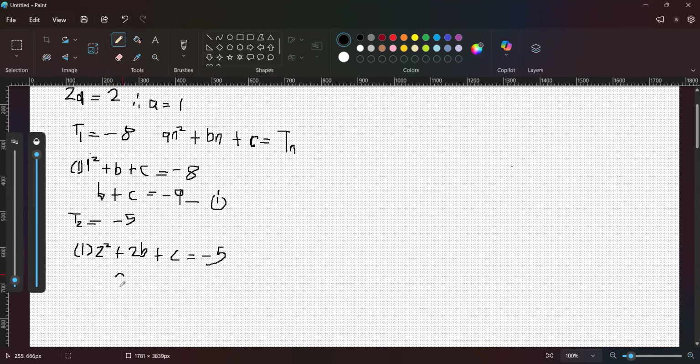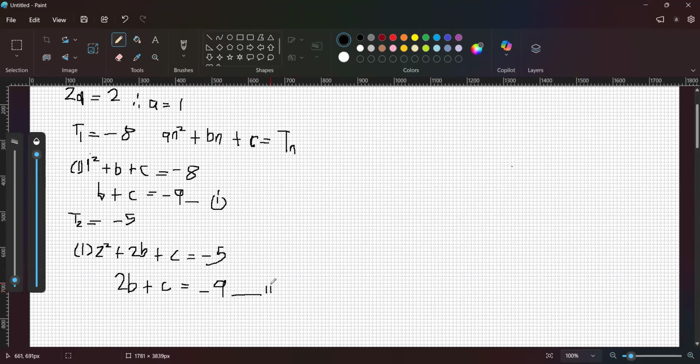So that means our next line is going to be 2b plus c equals minus 5 minus 4, which is minus 9. Interesting. Okay. So all this is equation 2.